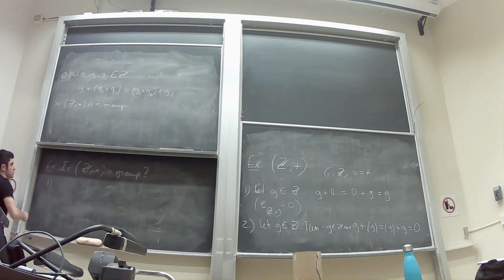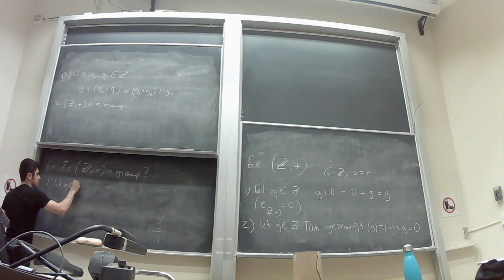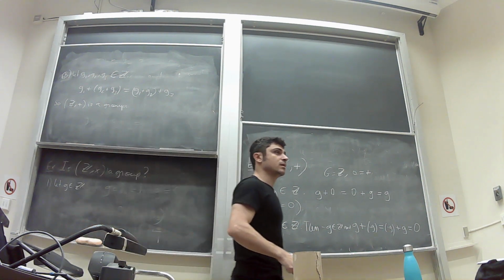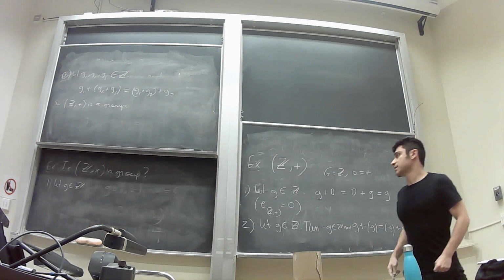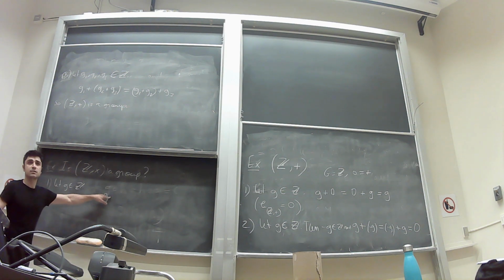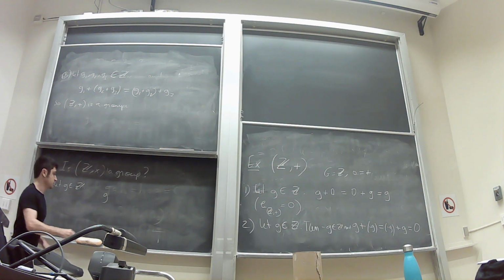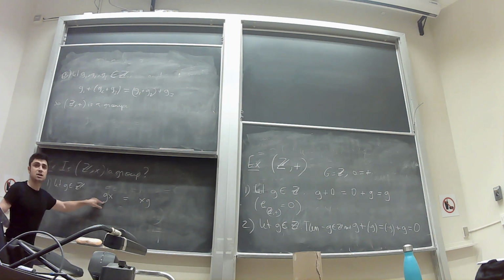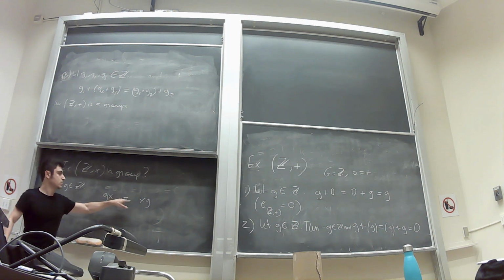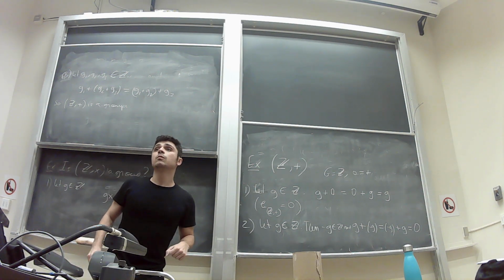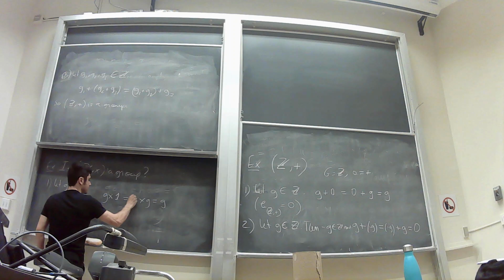Let's check the first property. Let G be in Z. Does there exist an element in Z such that G, circle is times here, G times this element is equal to this element times G is equal to G? Yes. What is this element? 1. Great.